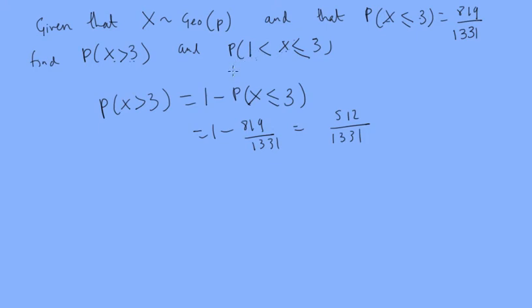Now, we want to find this probability, so we're looking at the values for x which are not 1, so x is going to be 2 or 3.